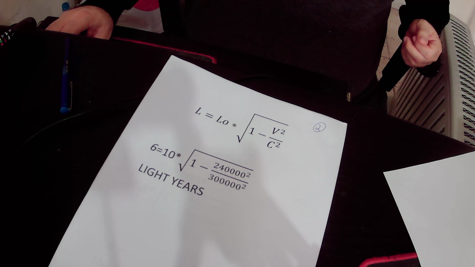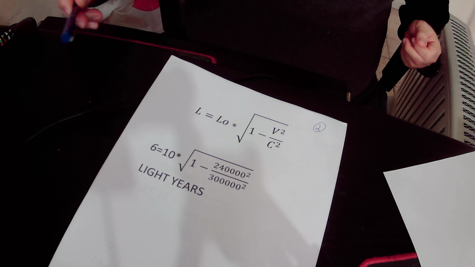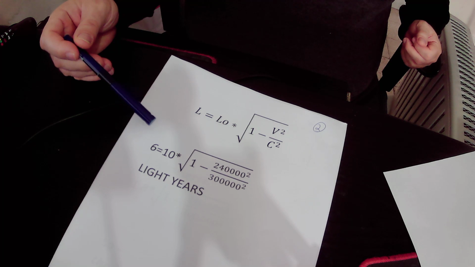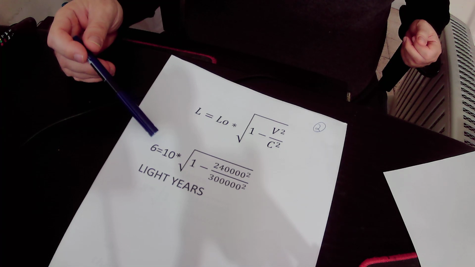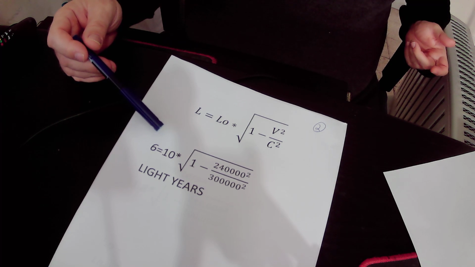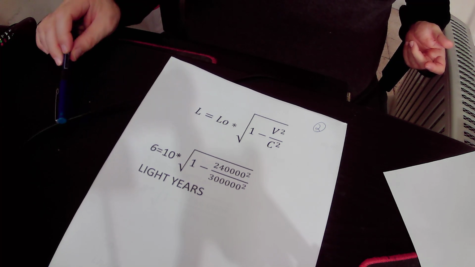So when the twin brother is traveling at 240,000 kilometers per second towards the star Epsilon, the distance between the spaceship and the star Epsilon will shrink to 6 light years only. Okay?